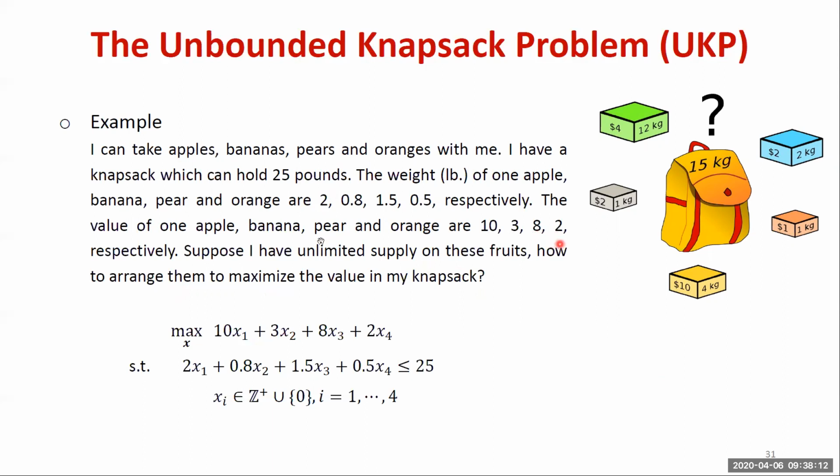In terms of the weight capacity, you have 2x1 plus 2.8x2 plus 0.5x3 plus 0.5x4 is less than or equal to 25. And of course, finally, all x's are non-negative integers. So this is the MILP formulation for the unbounded knapsack problem. Any questions here?